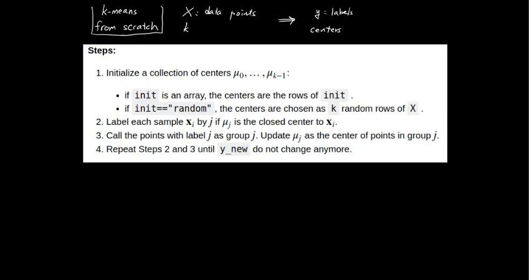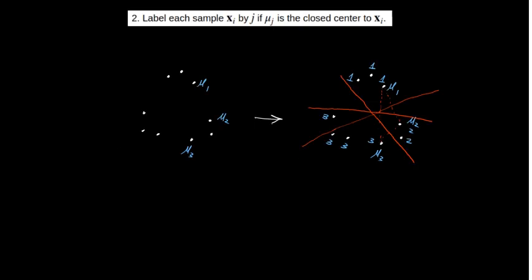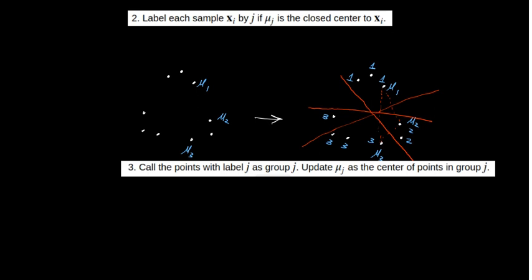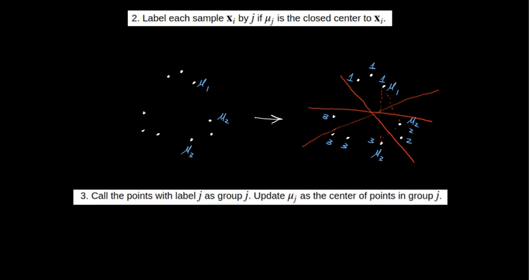For each group, update its center, and the new center is the center of the group. I think it is easier to put the 2 steps together because we are going to repeat these 2 steps all the time.